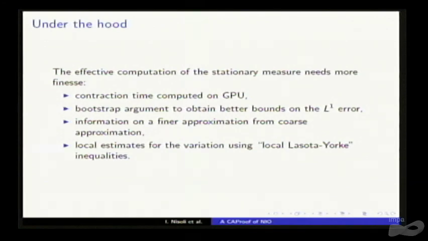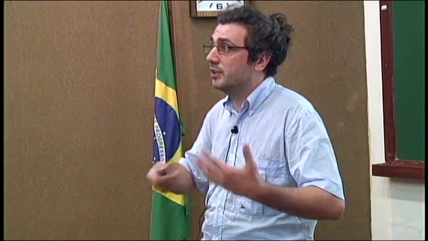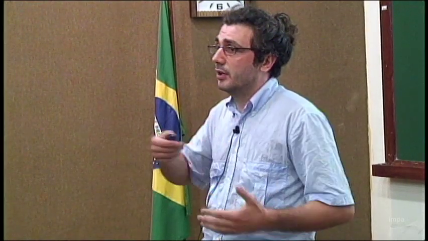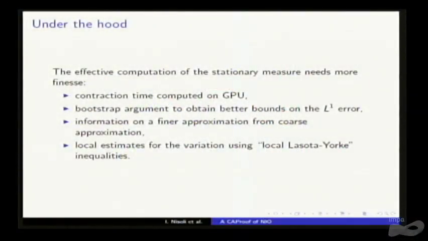So as a matter of fact, the article has a lot of mathematics inside because there are many issues devoted to treating this kind of approximation, and not only is the mathematics complicated, but the computational part is also complicated. So under the hood, there are many things.